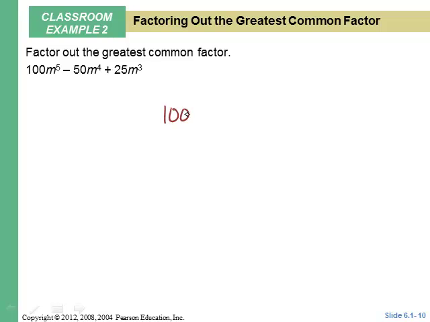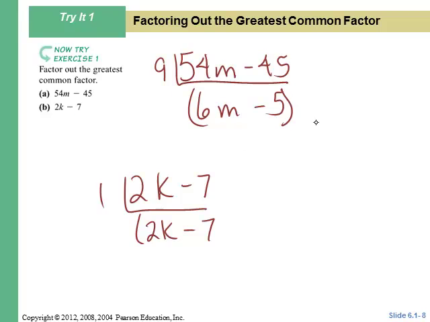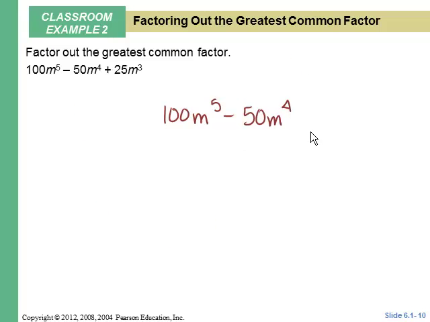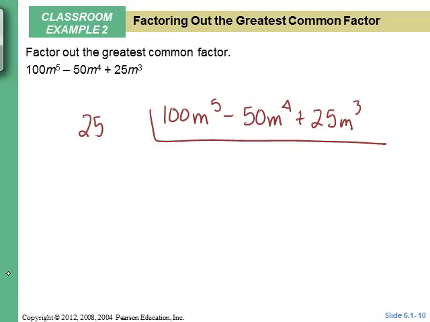Try this one. The difference this time is that instead of just being 2 terms long, it's going to be 3 terms long. The biggest number we can divide everything by is 25.